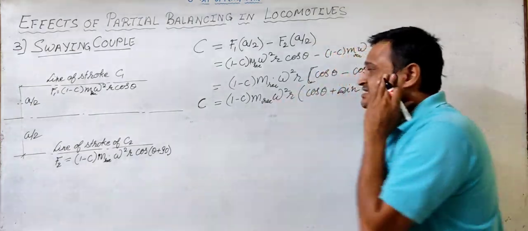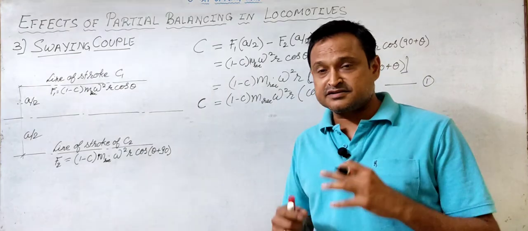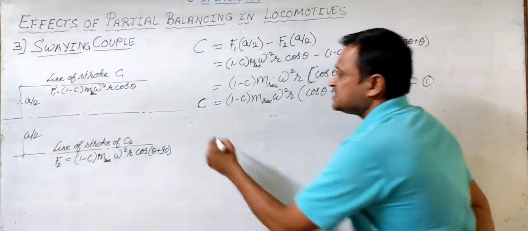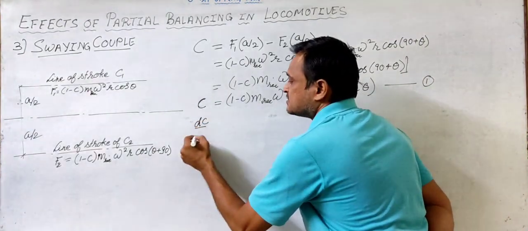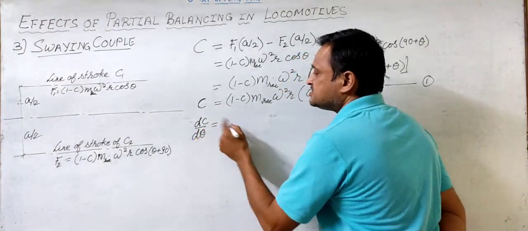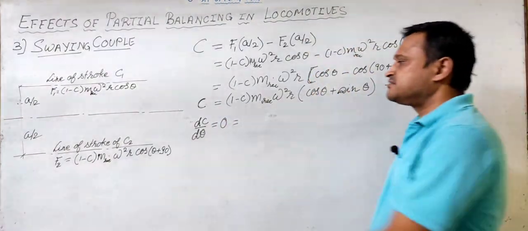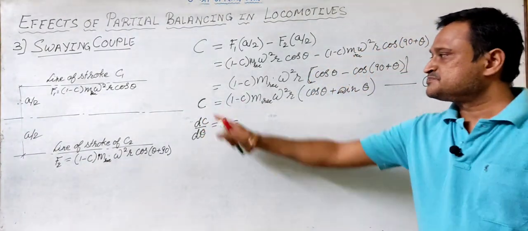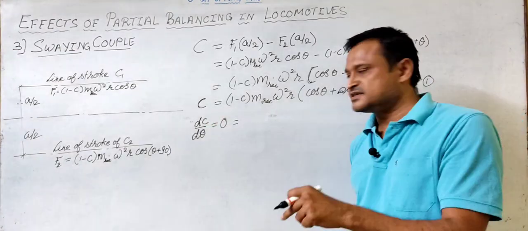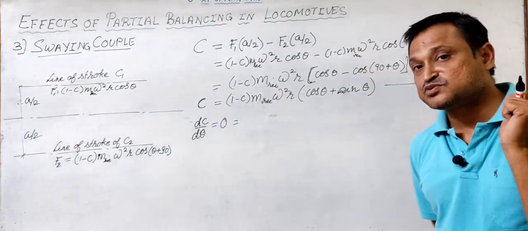For this couple to be maximum, dC by d theta must be equal to 0. When we equate it to 0, we get the maximum condition for the swaying couple.